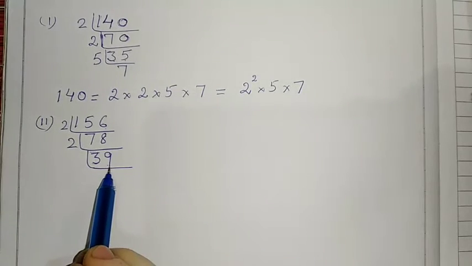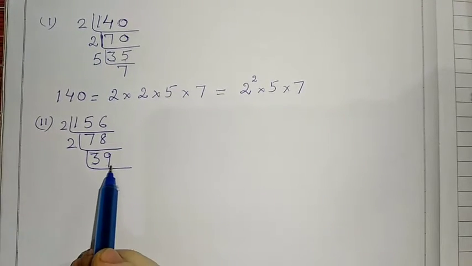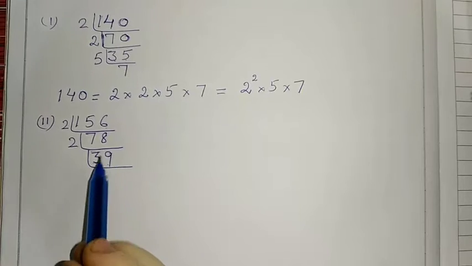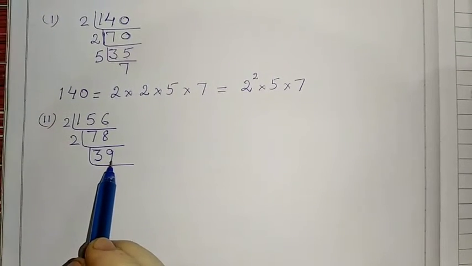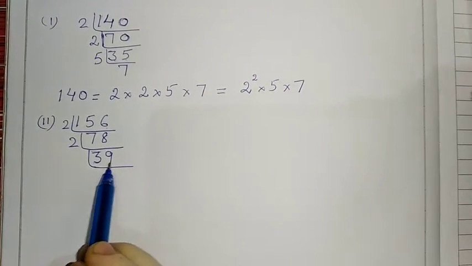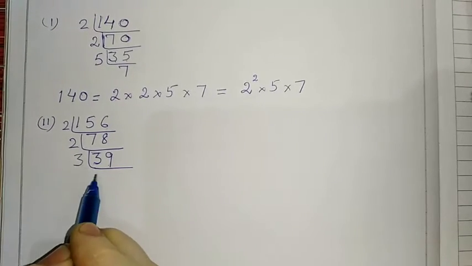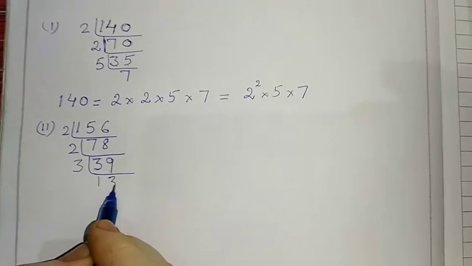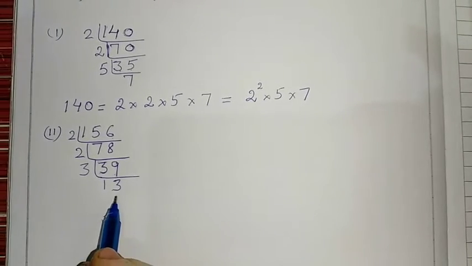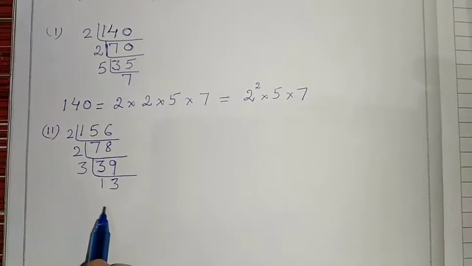39. 39 is not divisible by 2. Now check whether the number is divisible by 3. 3 plus 9, 12. 12 comes in the table of 3. That's why this number is divisible by 3. 3 1s are 3. 3 3s are 9. 13 is a prime number, so it's not divisible by any other number.